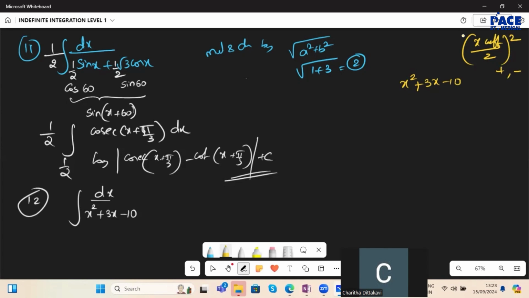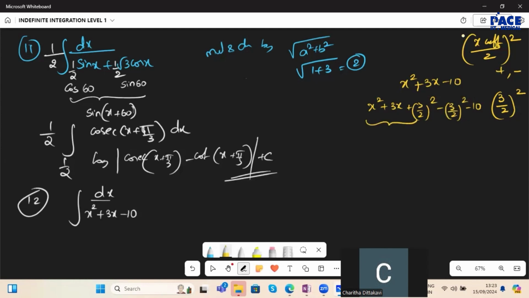So what is your x coefficient? 3, divide by 2, square it, add and subtract. So observe carefully: x square plus 3x plus (3 by 2) whole square minus (3 by 2) whole square minus 10.